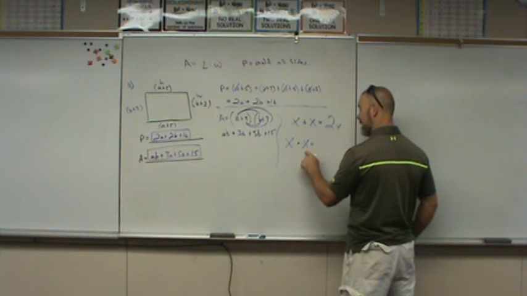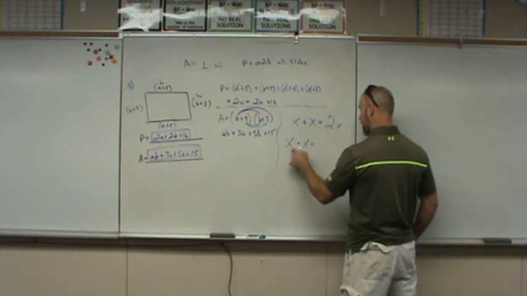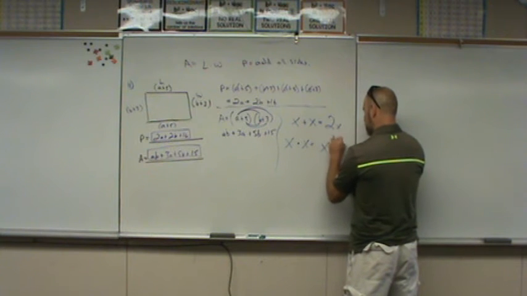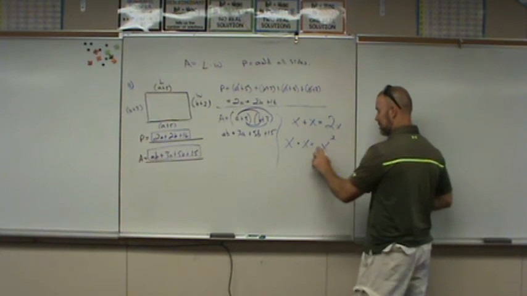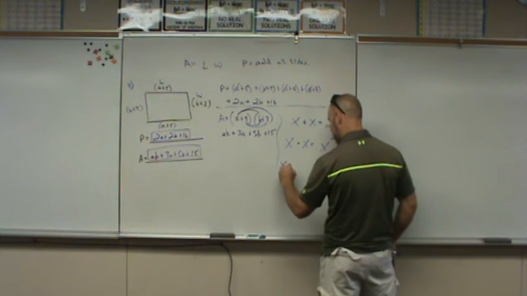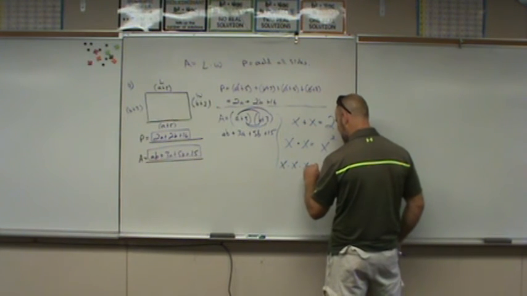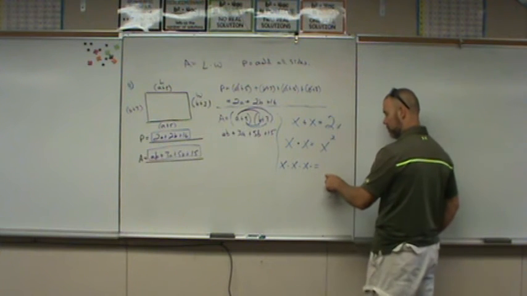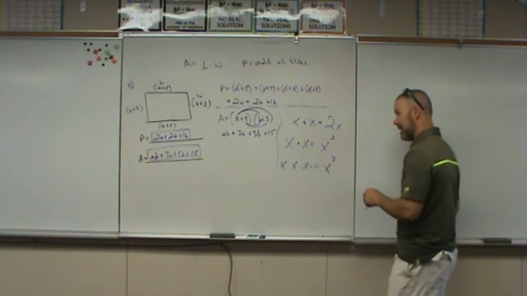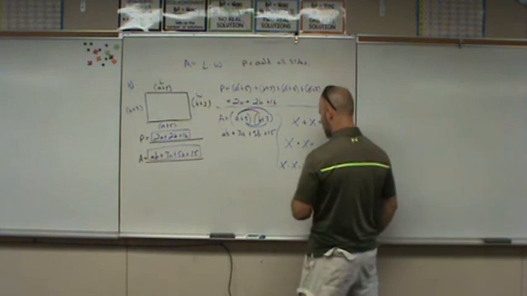X times X is not 2X. X times X, we condense that down into X squared. The exponent tells me how many X's I'm multiplying together. So, think of this. If it's X times X times X, what does that equal? Think about it a second. Hopefully you said X cubed, because if you did, that's correct.